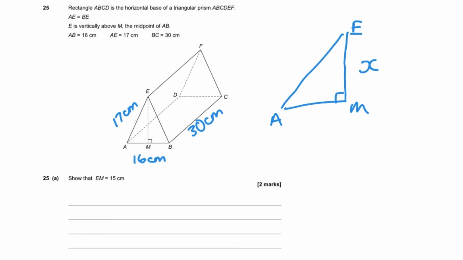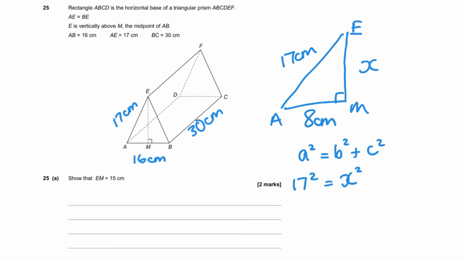So we know AE is 17 centimetres, we know AM is 8 centimetres because M is halfway between A and B. So we've got a squared is equal to b squared plus c squared. So 17 squared is equal to our x squared plus 8 squared.